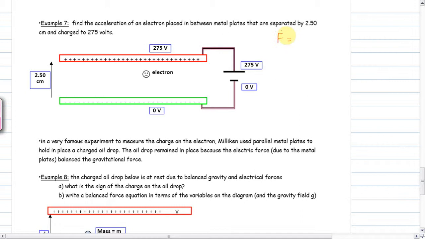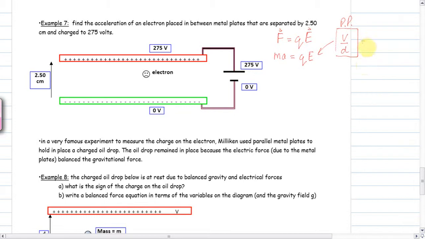From yesterday, the force is QE, and the force is mass times acceleration, so that equals QE. We can get the E by doing voltage over the separation. This is only for parallel plates.